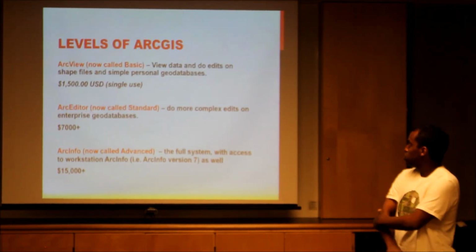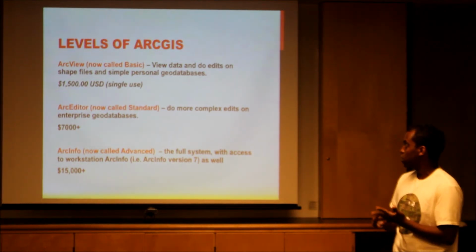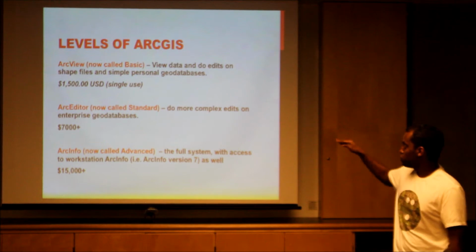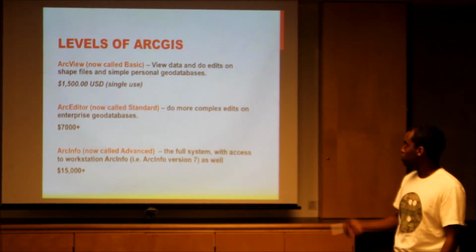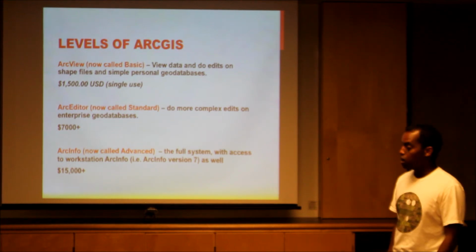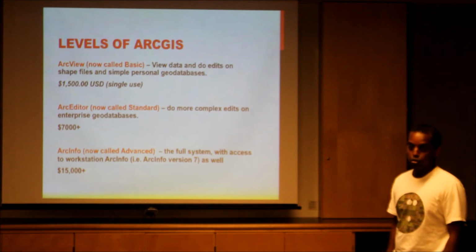So there are a bunch of levels of ArcGIS. I described ArcMap, ArcInfo, all that kind of thing, but actually they have three different levels: basic, standard, and advanced. They used to be called ArcView, ArcEditor, ArcInfo. The basic one has ArcMap and all that sort of thing, and it's about $1,500. It lets you do all the basic things, like creating maps and making simple geodatabases.